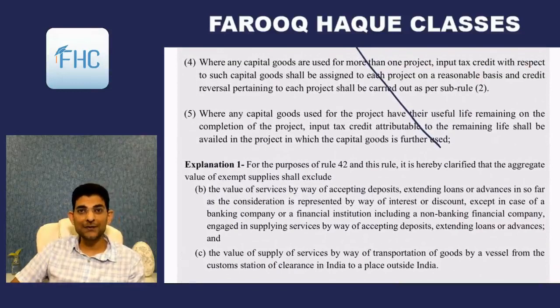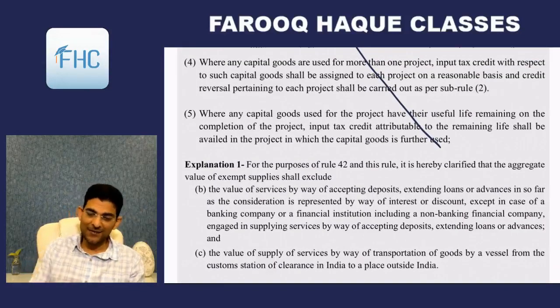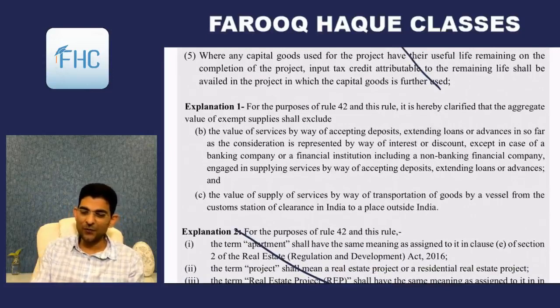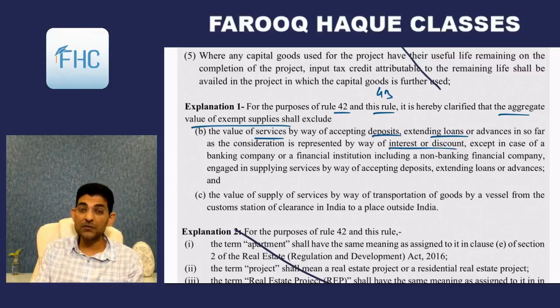Of course. Then at the last there is an explanation that for the purpose of rule 42 and this rule, meaning 43, it is hereby clarified that the aggregate value of exempt supplies shall exclude the value of services by way of accepting deposits, extending loans and advances insofar as the consideration is represented by interest and discount, except in case of a banking company, financial institution or NBFC.